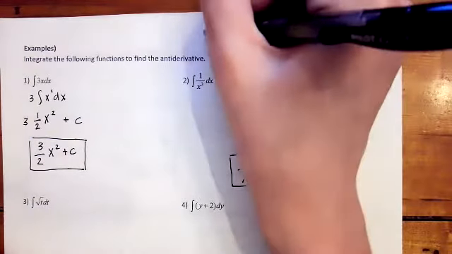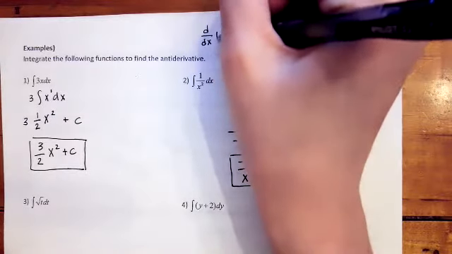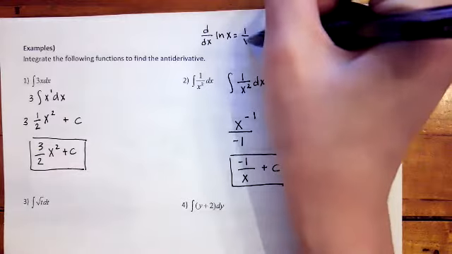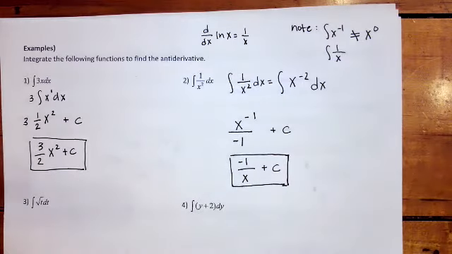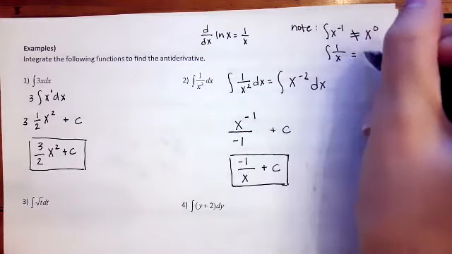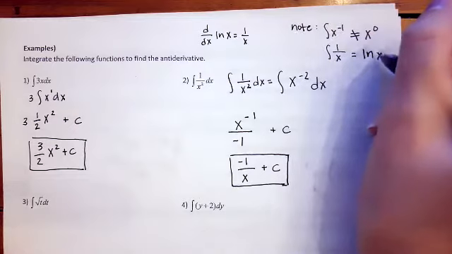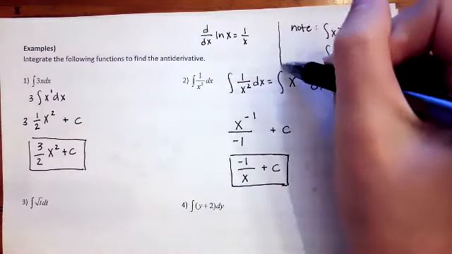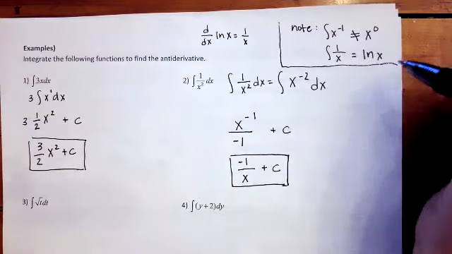We knew with derivatives, if we took the derivative of ln x, we got 1 over x. And since integrals and derivatives are inverse operations, if I have the integral of 1 over x, I'm going to get ln x. Okay? And this is important to remember.